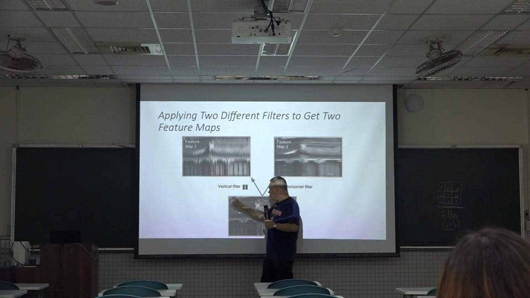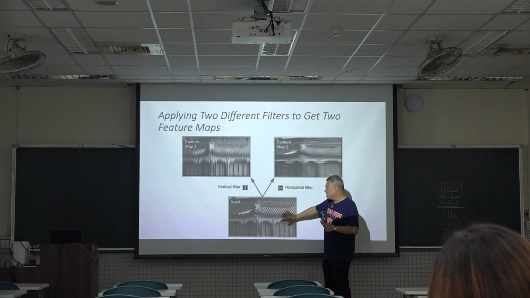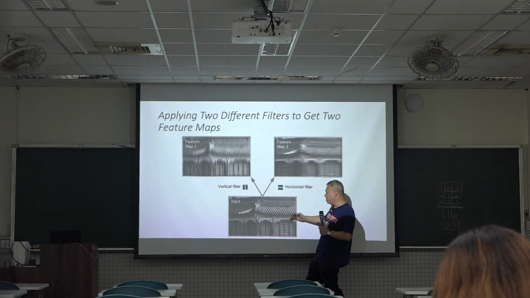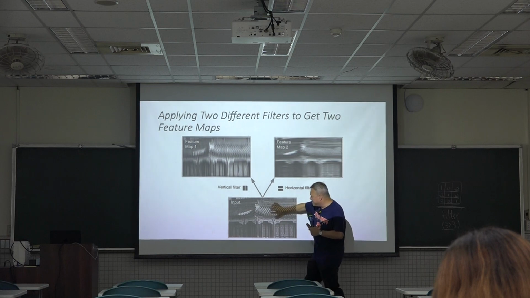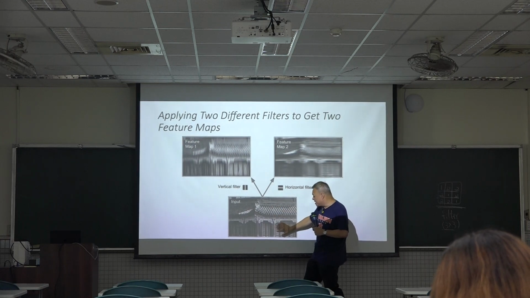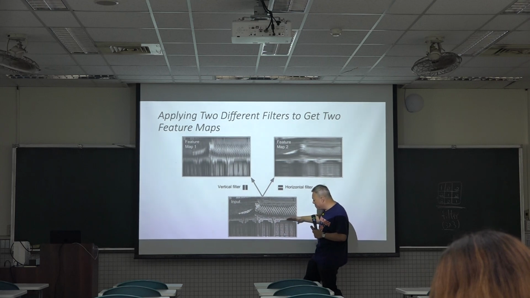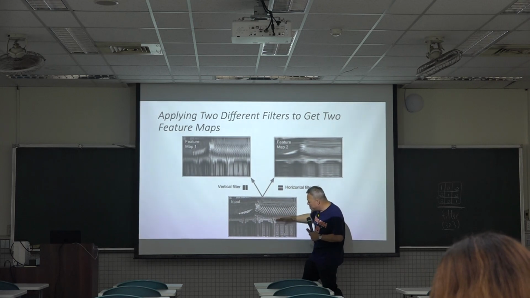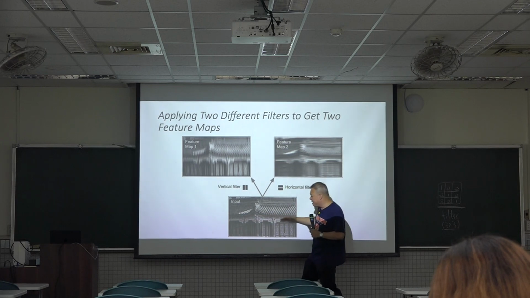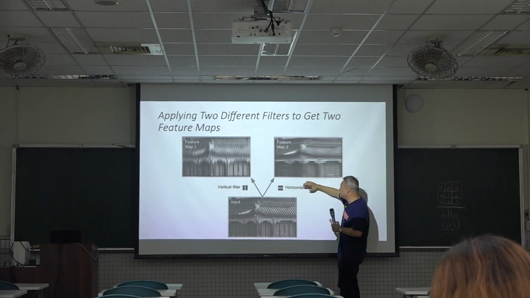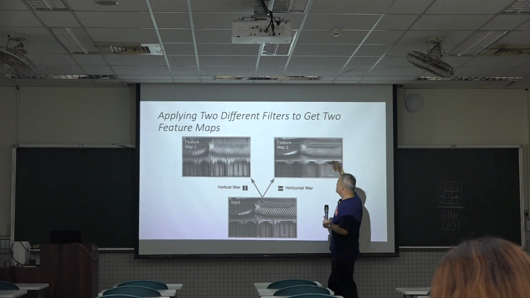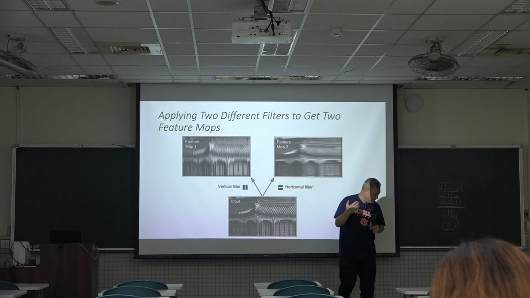And of course this temple also has some horizontal structure, because for example, this part is a rooftop. This part is the inside house, but between these two there is a horizontal line to separate them. And after you apply this horizontal filter, you see this separation gets enhanced, right?